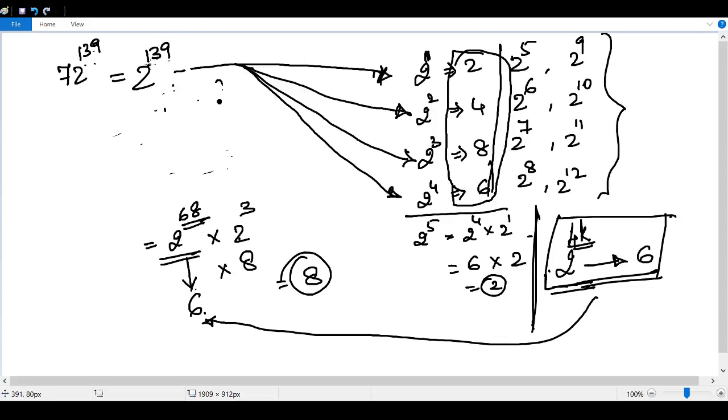Now, look at 139. We are always going to use this concept. 2 to the power of a multiple of 4 will always end in 6. This is the base on which your entire work is going to happen. 2 to the power of a multiple of 4 is always going to end in 6.